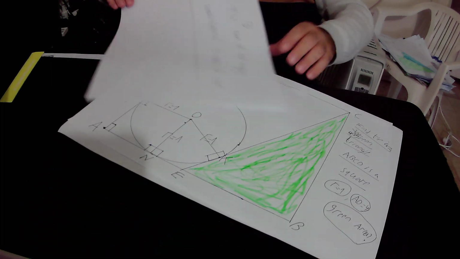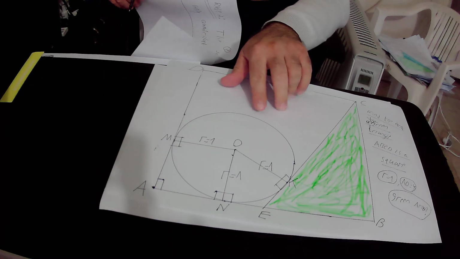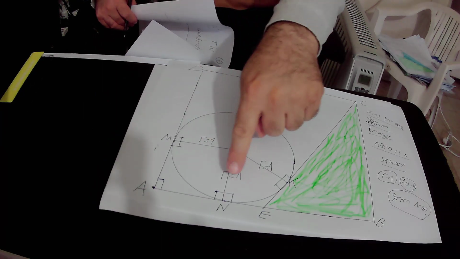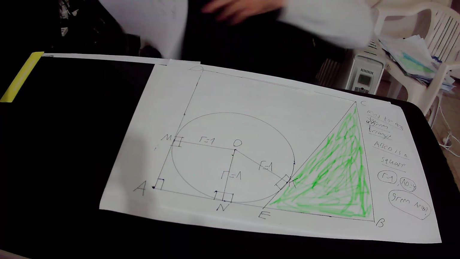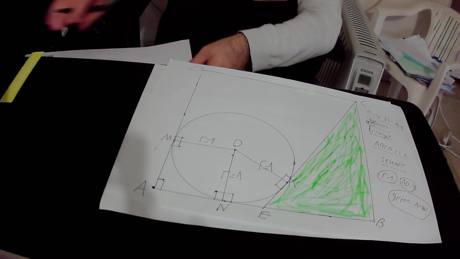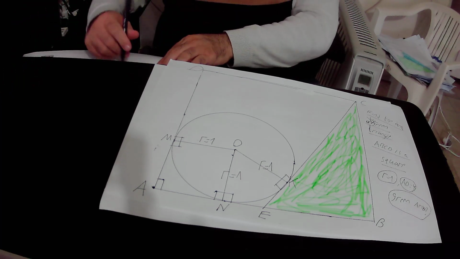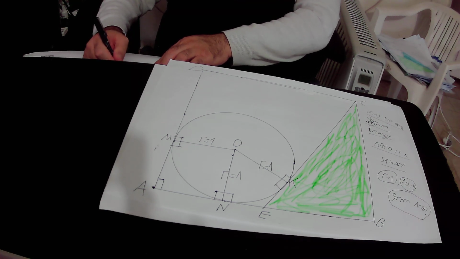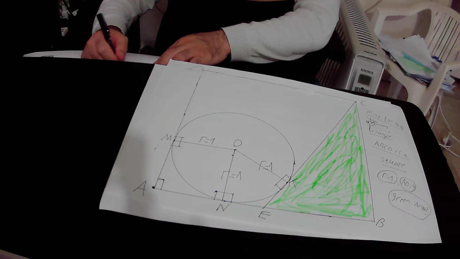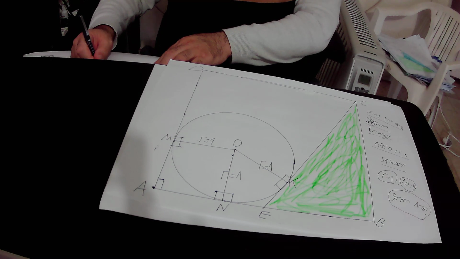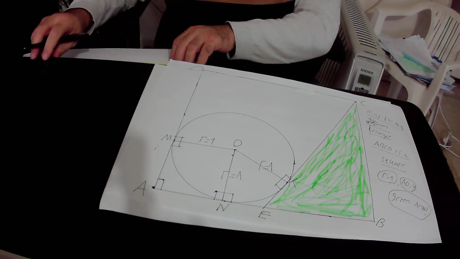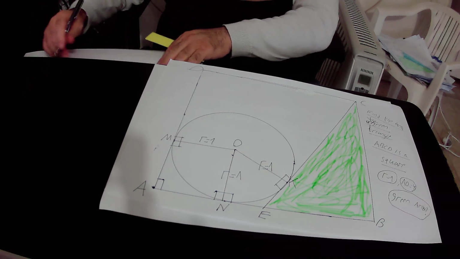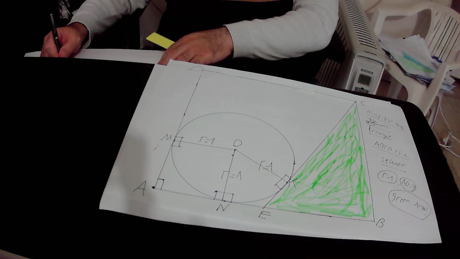So we will focus on quadrilateral MOAN. In quadrilateral MOAN, according to rule number 2, the sum of its angles equals 360 degrees. So which angles does quadrilateral MOAN have?